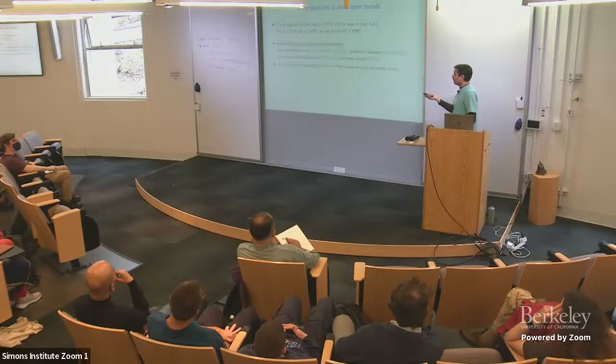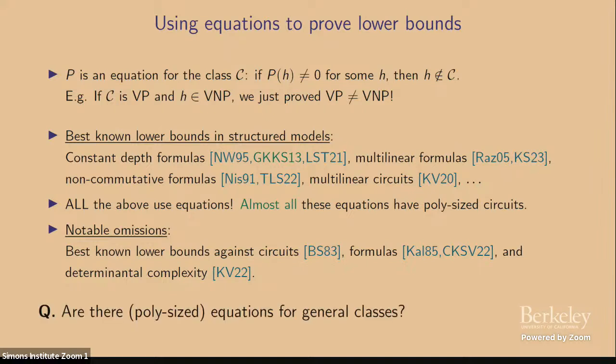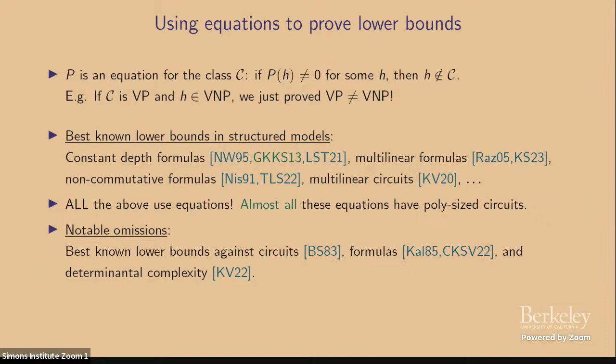And here is another interesting fact. There are some notable omissions in the list of equation-based lower bounds, and they are the best known lower bounds against circuits, against formulas, against determinant. None of these lower bounds use efficient equations. In fact, they don't even use equations like these four.